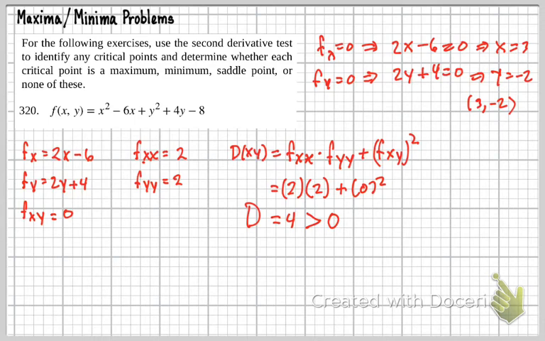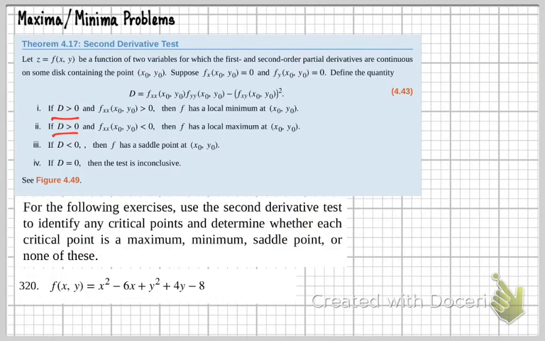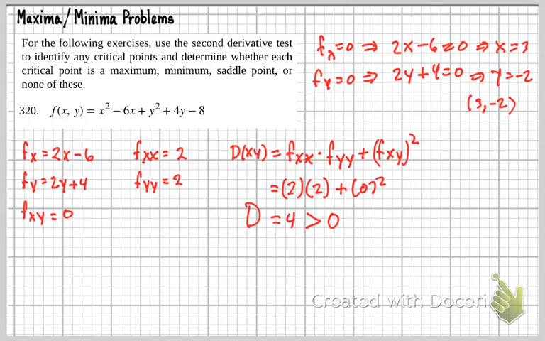So now I can go further. So let's go back. Here we go. So now we need fxx where we plug in that point. Because now that D is greater than 0, we have the critical point. So now I have to take that fxx.